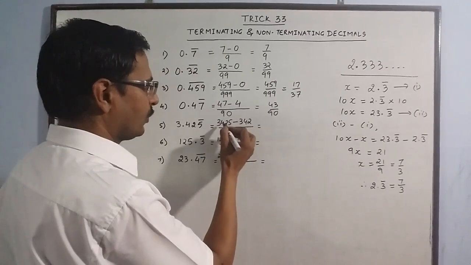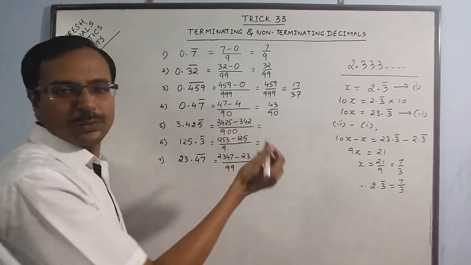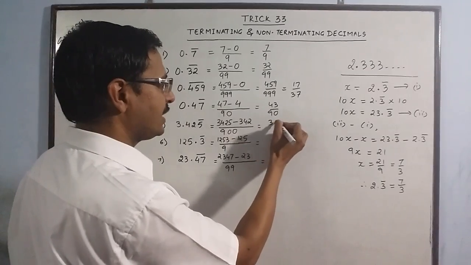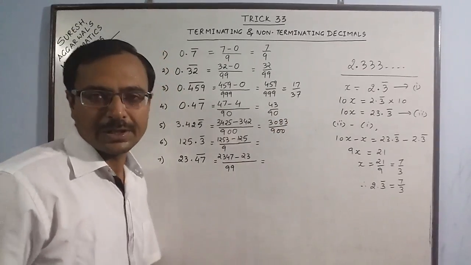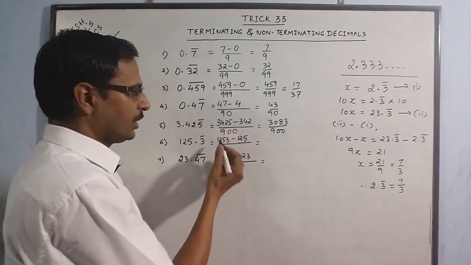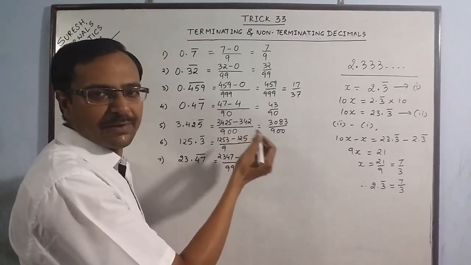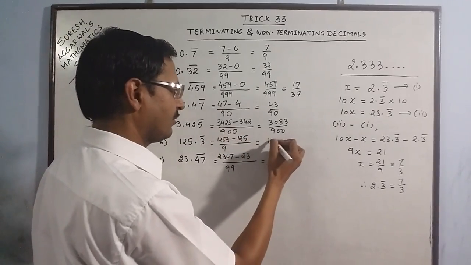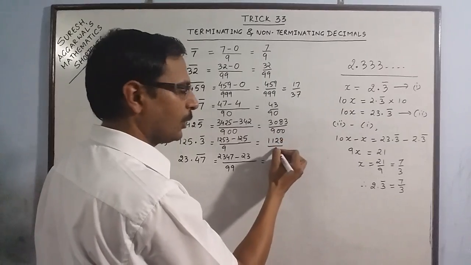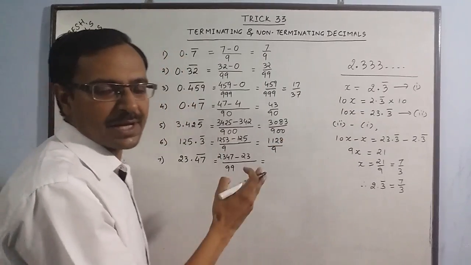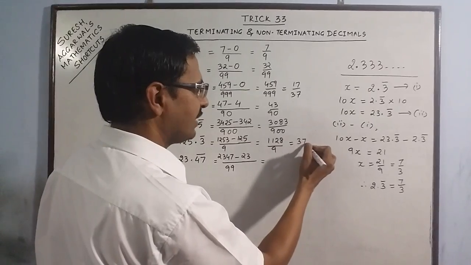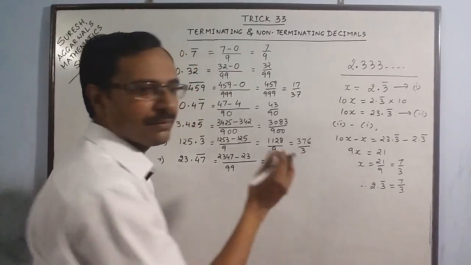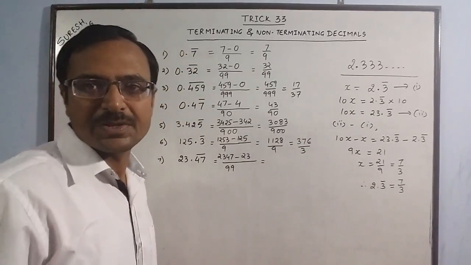Here 3425 minus 342, 3083 upon 900, which is already in the lowest form. Here 1253 minus 125, 1128 upon 9 hundred and... I think it has a common factor of 3, you can cancel that common factor, giving 376 upon 3, that is the rational representation.